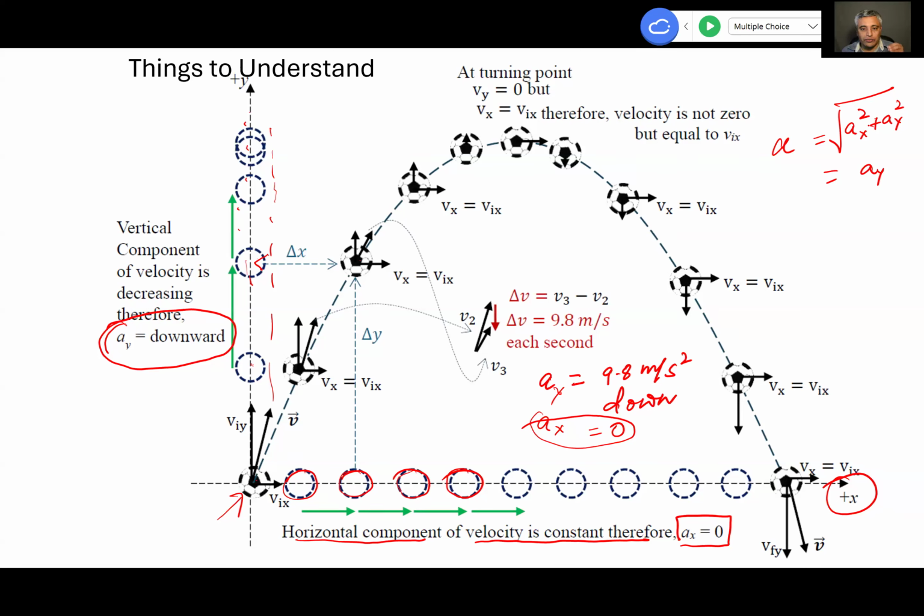Once we know it is a projectile motion problem, even if nothing is given, what do we already know? Acceleration in the x direction is zero, and acceleration in the y direction is 9.8 meters per second squared down. Rather than writing 9.8 meters per second squared, I like to write lowercase g, remember we've been using that, and the direction is down.